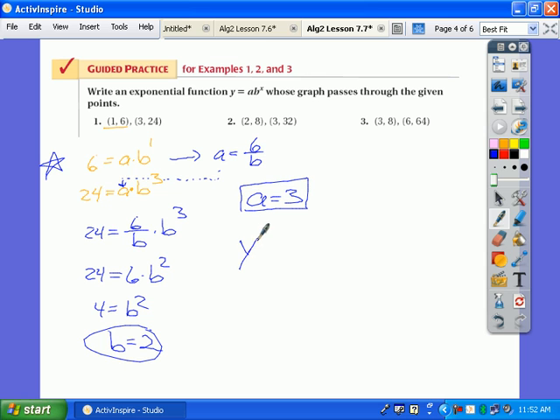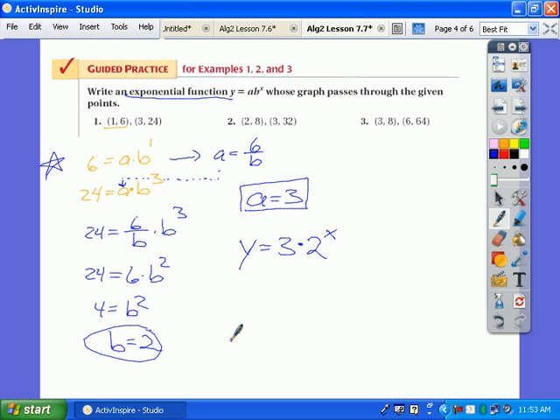Now, they have to tell us that this is an exponential function. If they don't tell us that, then you don't know that it's in this form, y equals a times b to the x. Maybe this should have been y equals mx plus b. How would you know?